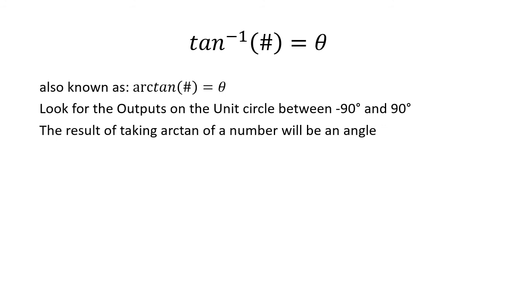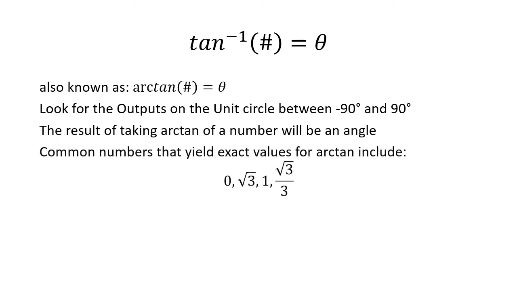And the result of taking arctan of a number will be an angle. So the common numbers that yield exact values for arctan are a little bit different from sine and cosine. We're going to be dealing with numbers like 0, √3, 1, √3/3, and -√3, -1, and -√3/3.